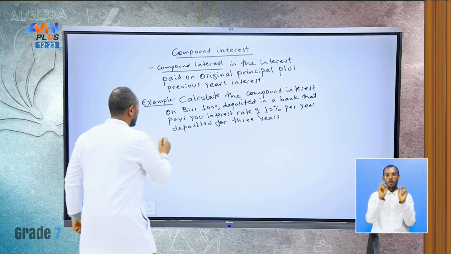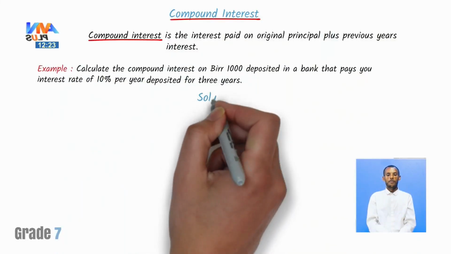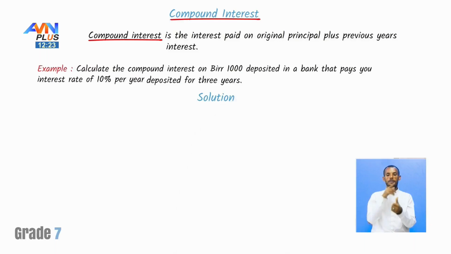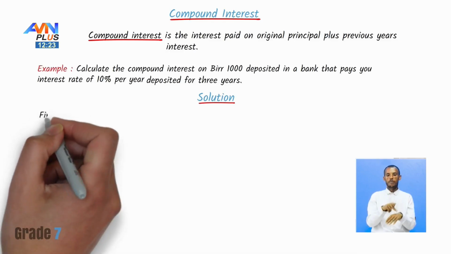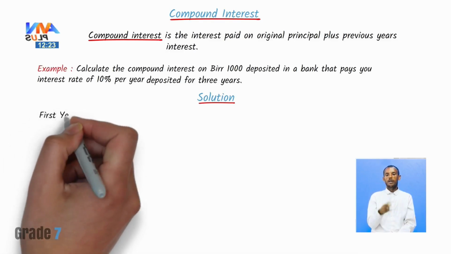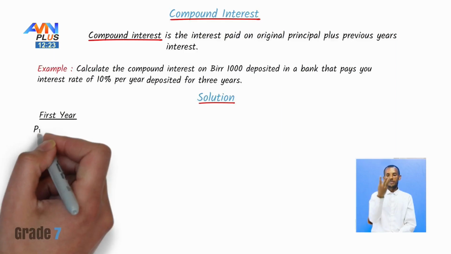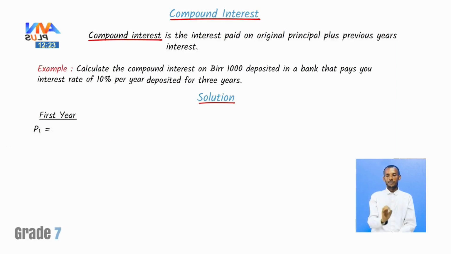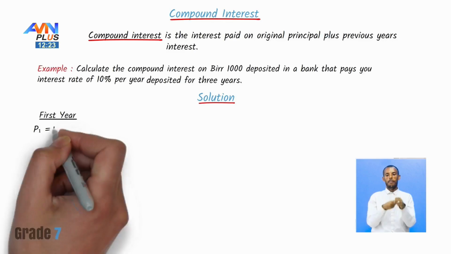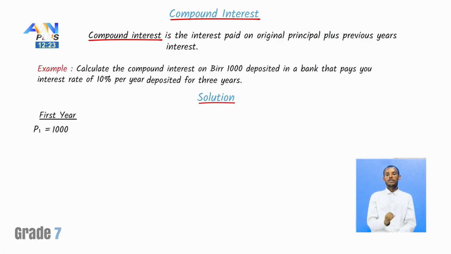Okay, here, first year. On the first year, let's say the principal for the first year, P1, and the money initially deposited is how much? It's 1,000. Okay. How about the interest rate? It is 10% per year. Now, I can calculate the interest for this year.